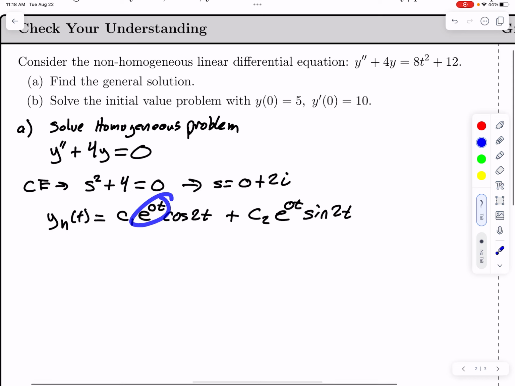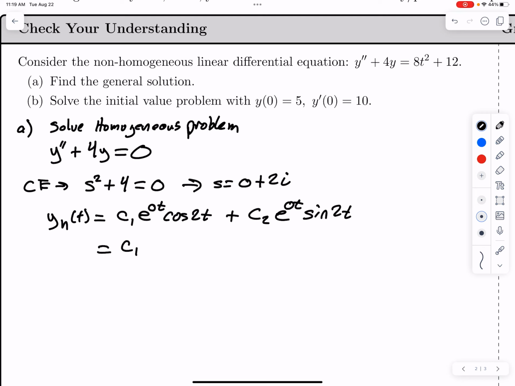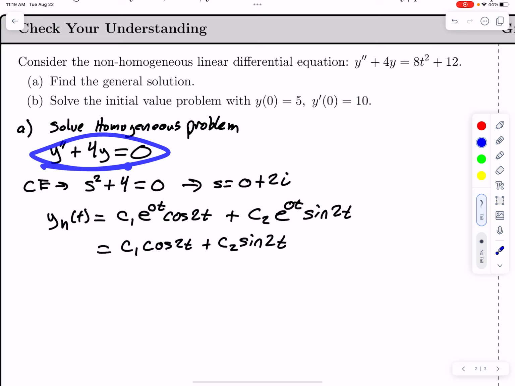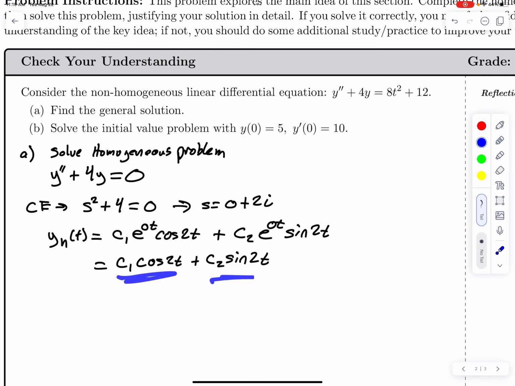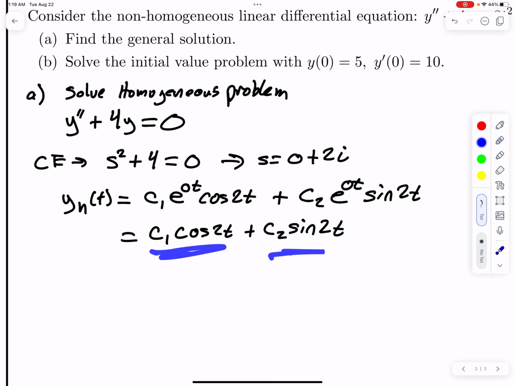Now, most people would say, well, e to the 0t is just 1, so you could just cut to the chase and write c1 cosine of 2t plus c2 sine of 2t. Or you might have even just looked right here and said, oh, that's sine and cosine of 2t. Once you get good, you'll start jumping right to seeing those solutions very quickly.